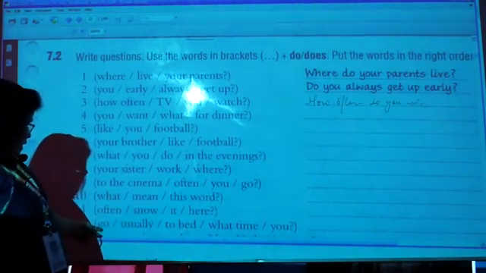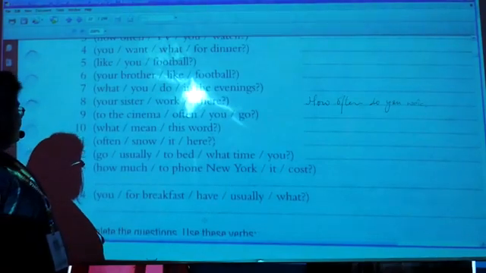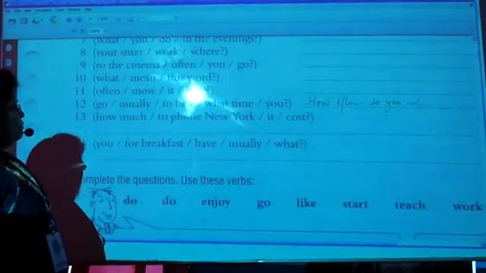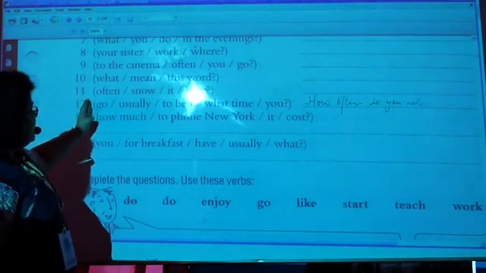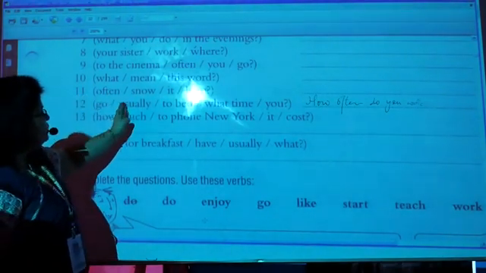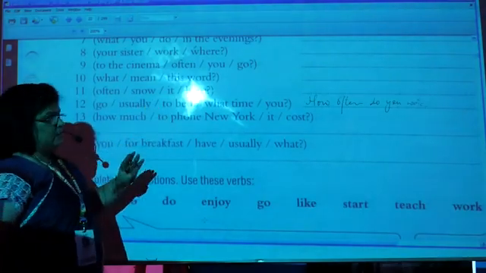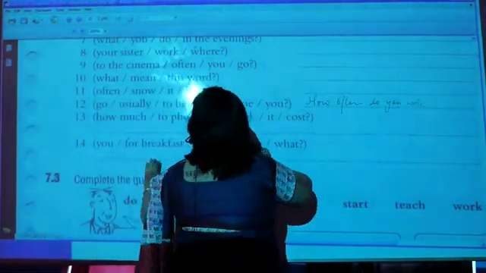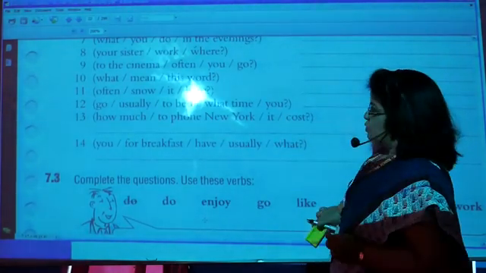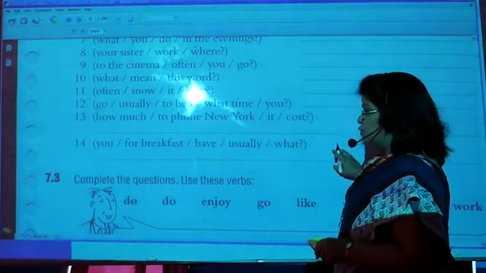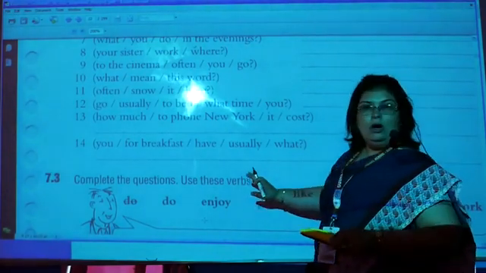Next, go usually to bed what time you? So, what time do you usually go to bed? Right? Next, how much to phone New York it cost? So children, I leave all these to you to do them on your own.